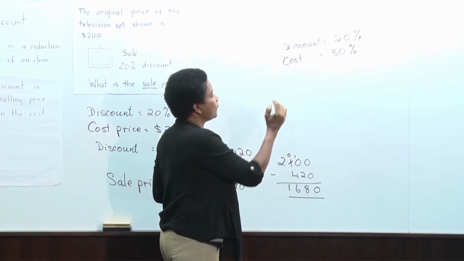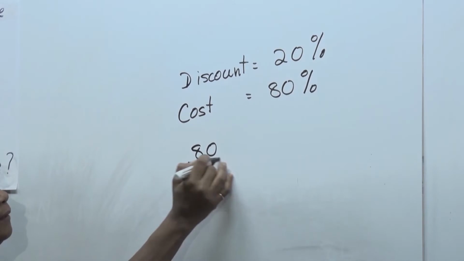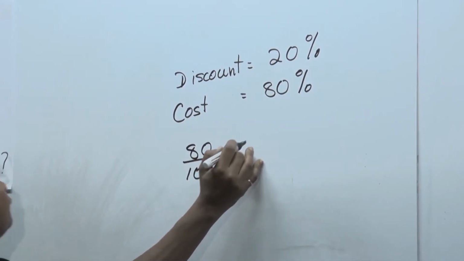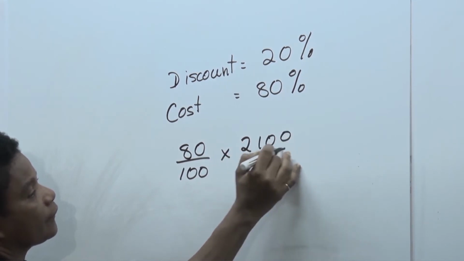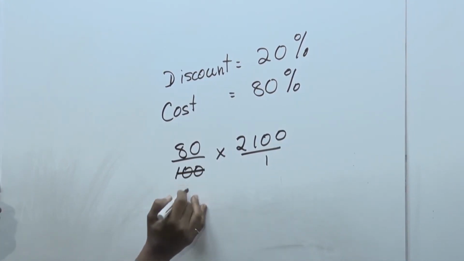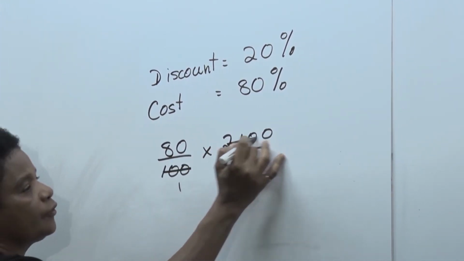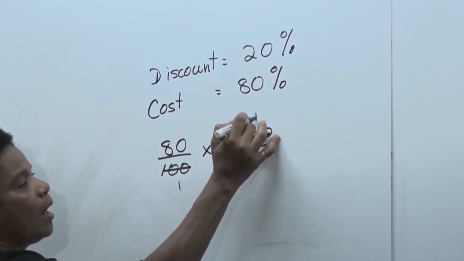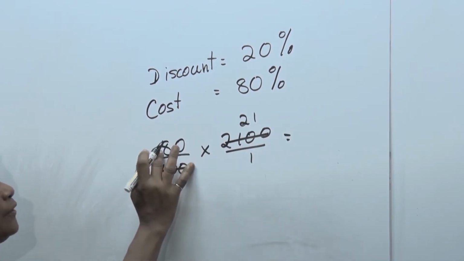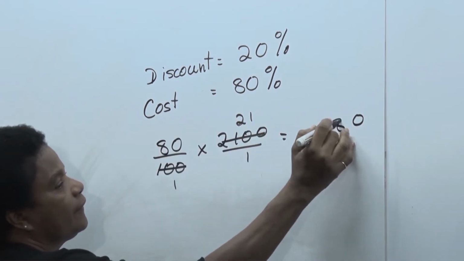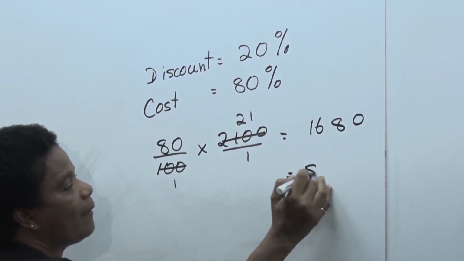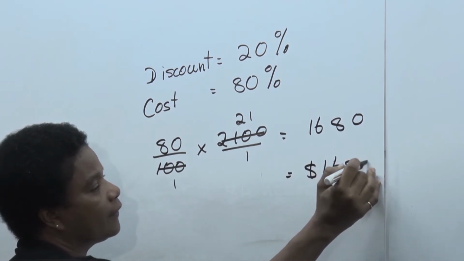Let's see if that works out. 80% of $2,100. 100 into 100, 1. 100 into 2,100 is 21. And when I multiply 21 by 8, I'm going to get 1680. So I will get the same answer.